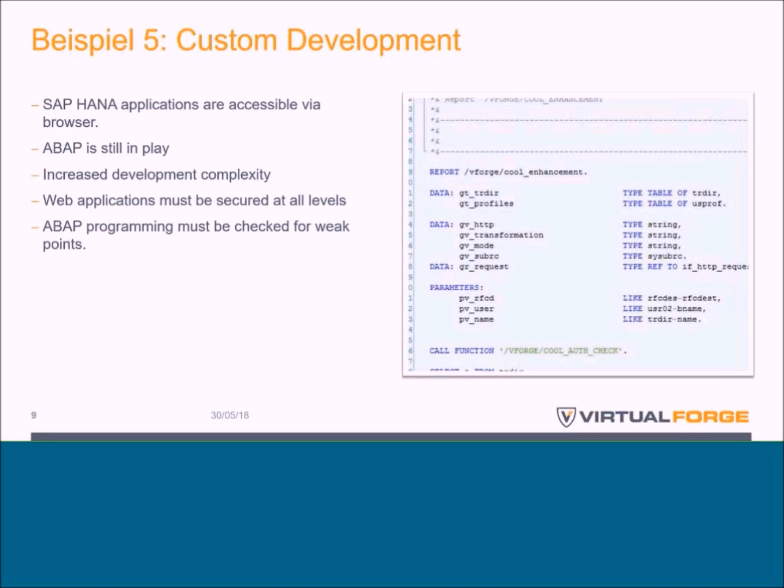You will use different programming languages like JavaScript, like SQLScript, like UI5, but nevertheless, custom development is still a big part of any SAP system, regardless of whether we're talking about HANA, S/4HANA, or an older ABAP stack.